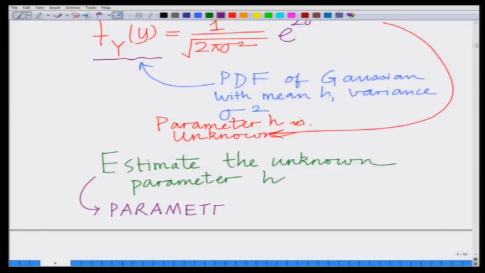This is basically known as parameter estimation.